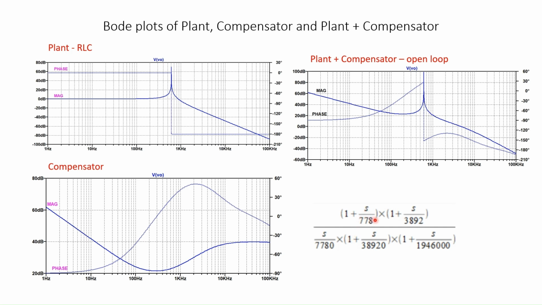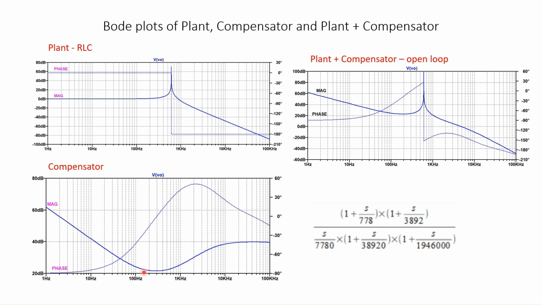So s over 778 divided by s over 7780 will be 10. So at this point where a zero starts, it becomes flat at a magnitude of 10, which is equal to 20 dB here.